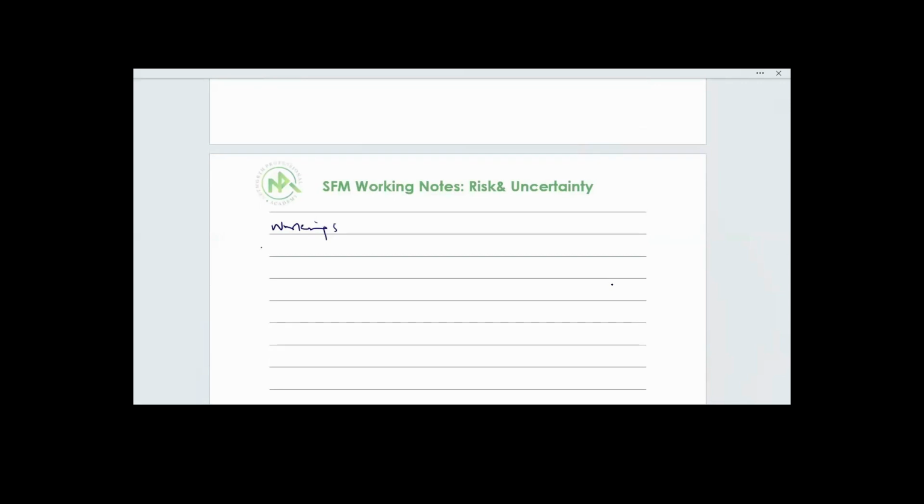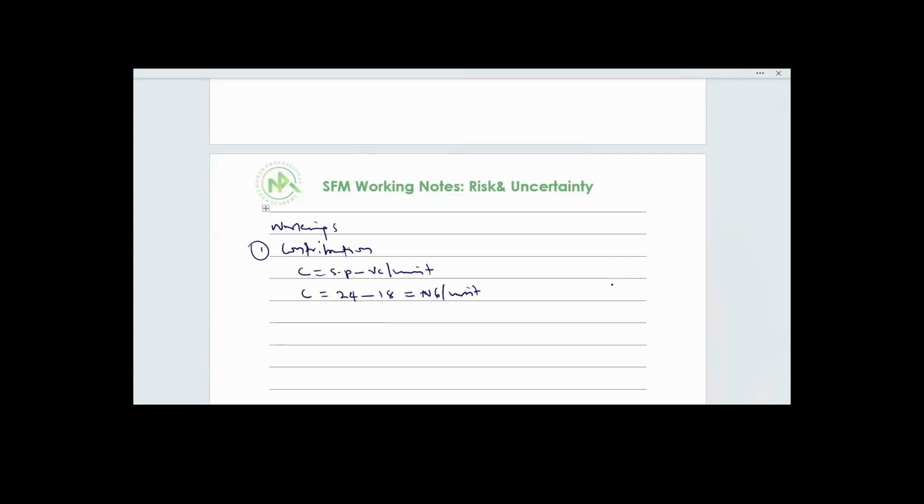Working number 1, contribution. So contribution equals selling price minus variable cost per unit. Selling price is 24 naira, variable cost is 18 naira. Therefore, contribution per unit is equal to 6 naira.